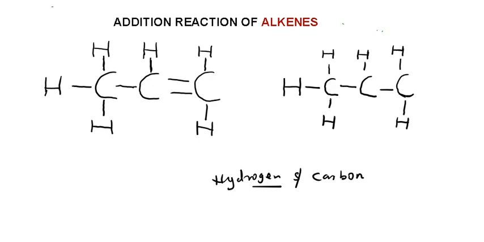It has a double bond, which makes it unsaturated. So this alkane also has a double bond, and it is this double bond that makes alkane an unsaturated hydrocarbon. Also, the functional group of alkane is the double bond.